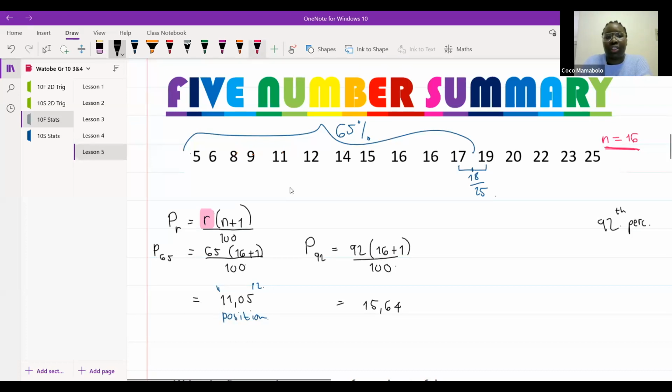Which two positions does this fall under? Remember 15 comma means it's already above 15, so it has to be 15 and 16. Good. And we know 15 and 16 are the last two numbers over here.